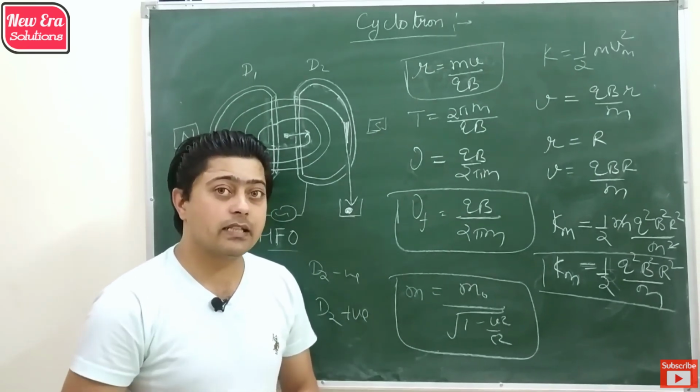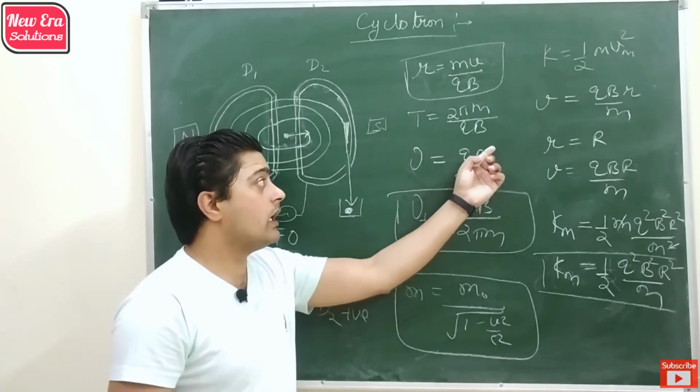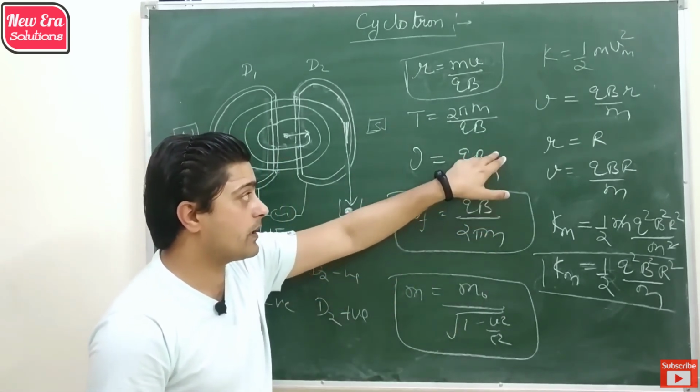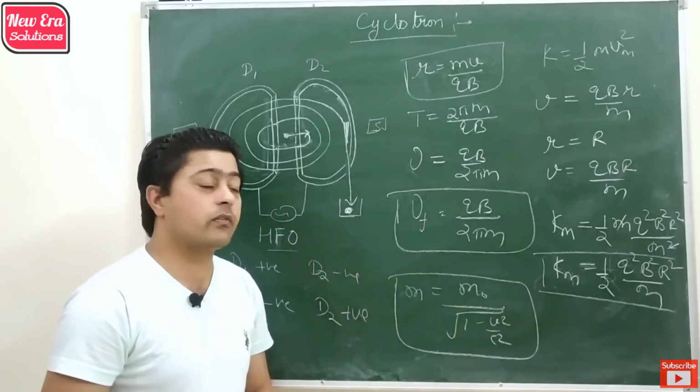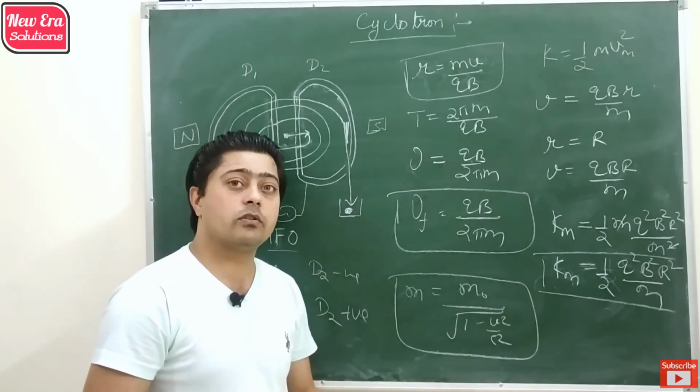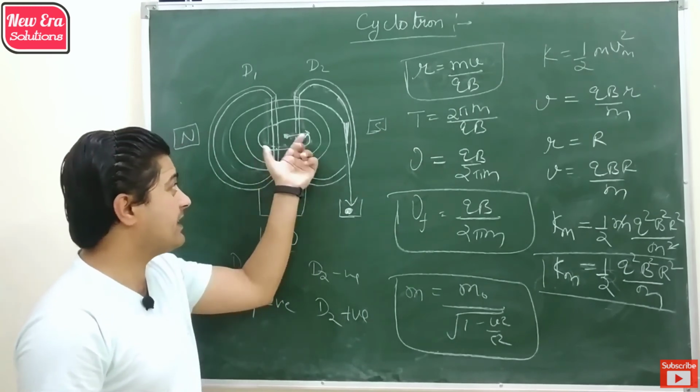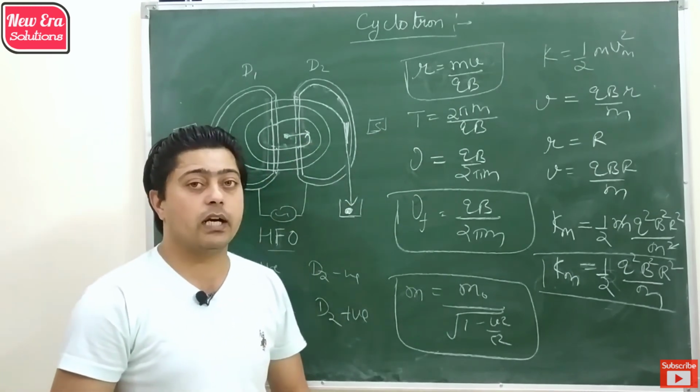To minimize this error, we can use a source of variable magnetic field which changes with respect to m. So if m increases, the magnetic field also increases. That's why the frequency of the oscillator remains the same as the frequency of the charged particle.